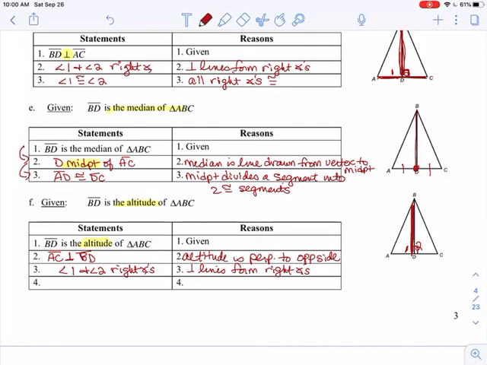And then if they are right angles, then that means that they are congruent to each other. Angle 1 is congruent to angle 2 because all right angles are congruent. Okay, so you can see that these steps follow sequentially. The altitude makes perpendicular lines, step 2. Perpendicular lines make right angles.